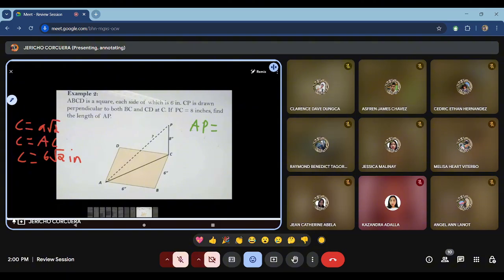It's just the same, just like our first example, but this time this is an isosceles triangle given. So we will now square this one. So we will have 72 plus 64. So line AP is equal to the square root of 136. And then we can still simplify this one.